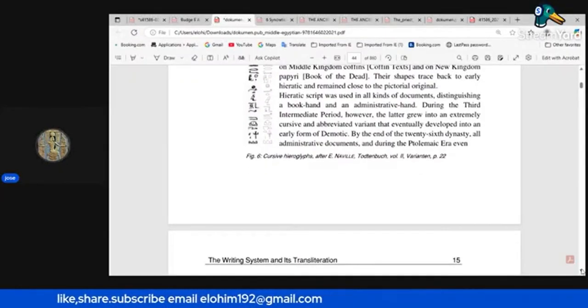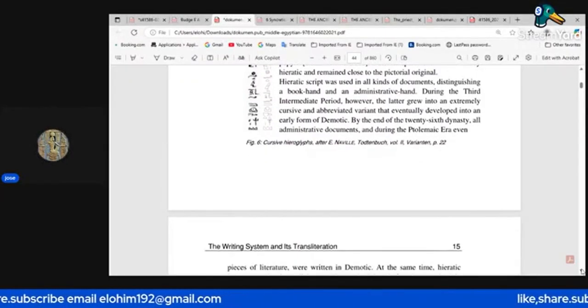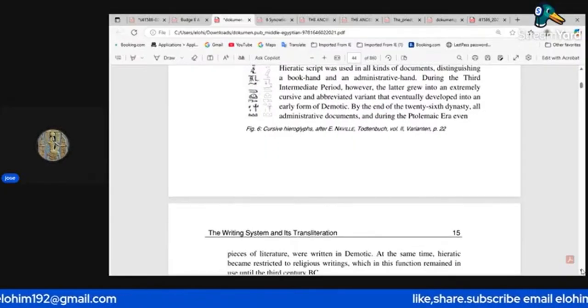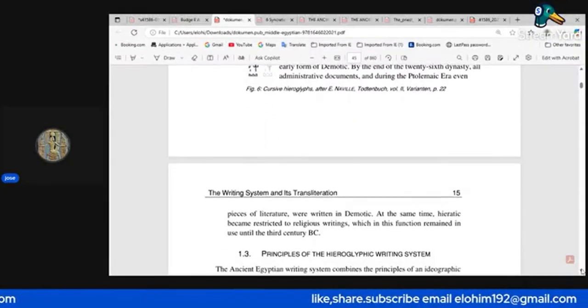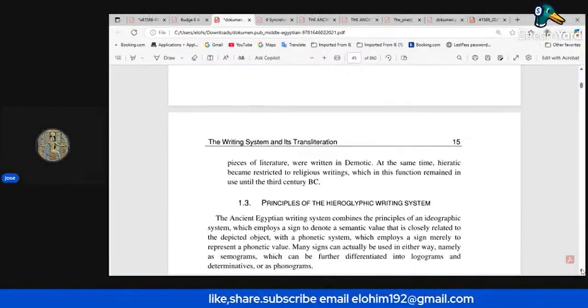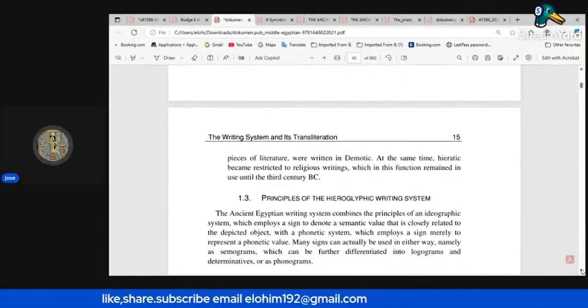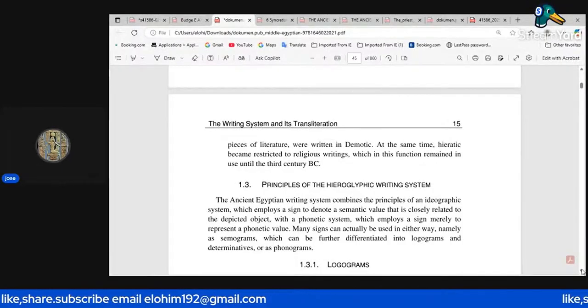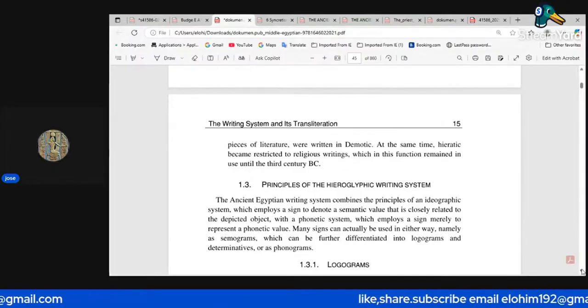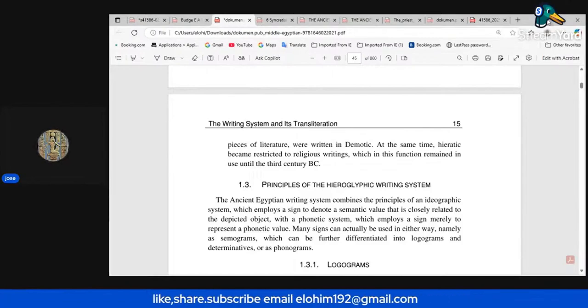By the end of the 26th dynasty, all administrative documents within the Ptolemaic era, even pieces of literature, were written in Demotic. At the same time, hieratic became restricted to religious writings, which in this function remained in use until the third century BC.